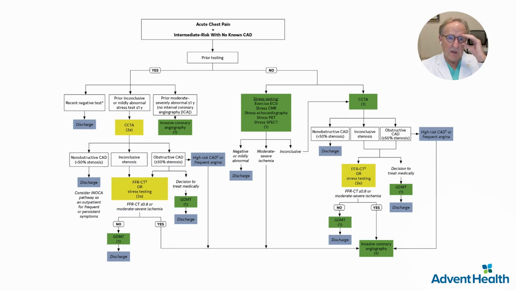So, if you have acute chest pain, intermediate risk patient, prior testing: recent negative test, discharge; inconclusive test, CCTA; moderately severe abnormality previously with no interval coronary angiography, go to angiography.